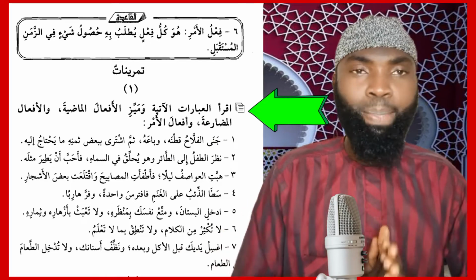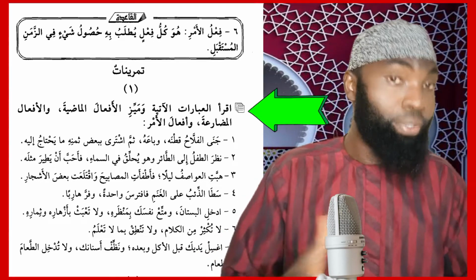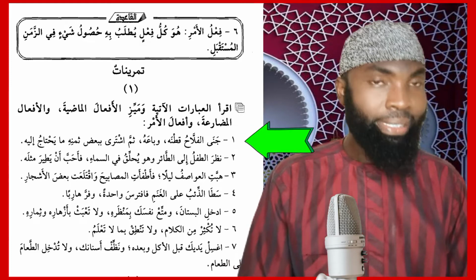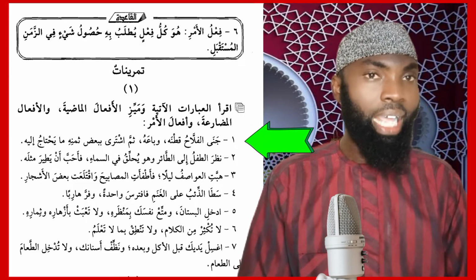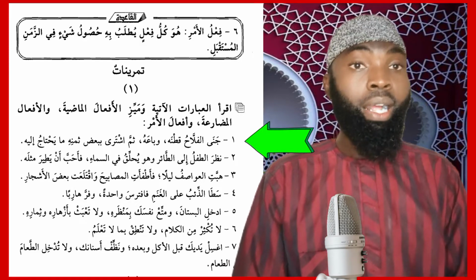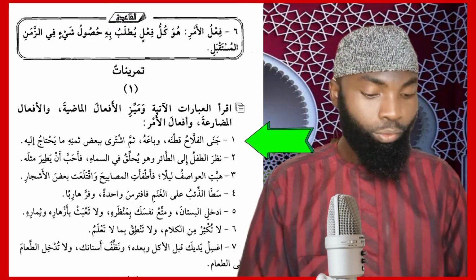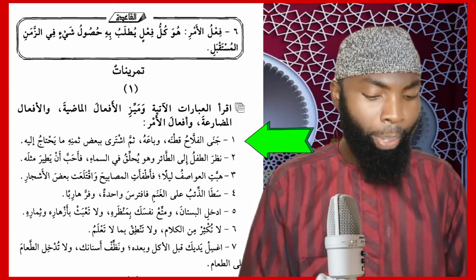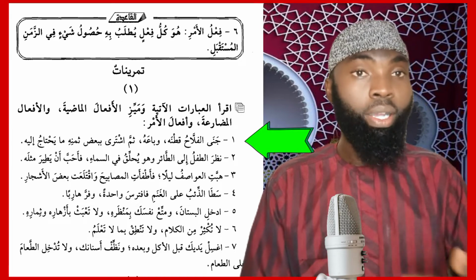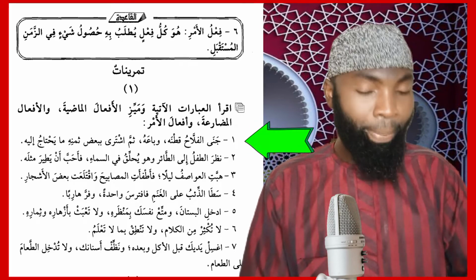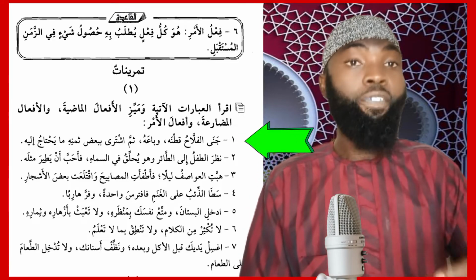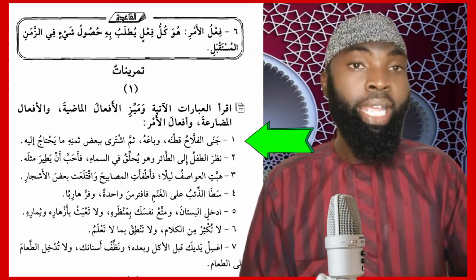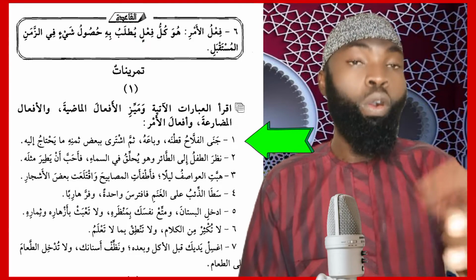This instruction is very simple. So let's read through these examples and solve it together, inshallah. Number one, we have Janal Fallahu Kutnah. The farmer harvested his cotton. Waba'ah, and he sold it. Thumma ashtara biba'di thamani, then he bought with some of his proceeds, with some of his gains, ma yahtaju ilayhi, what he is in need of.